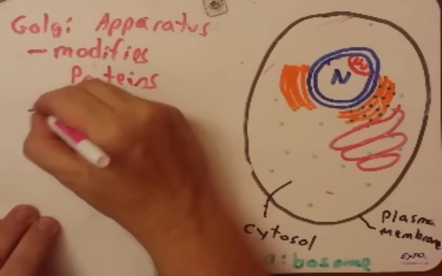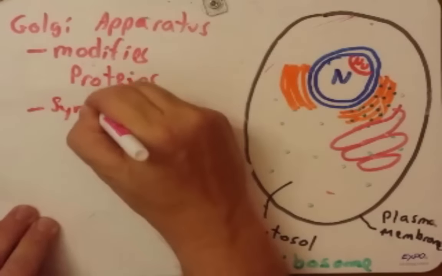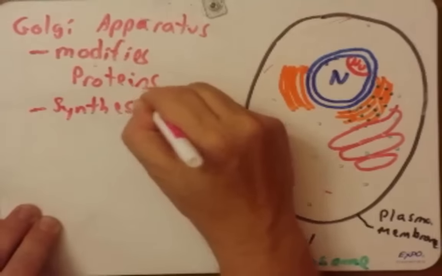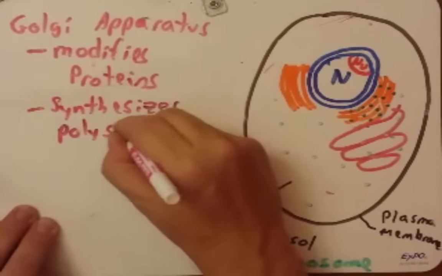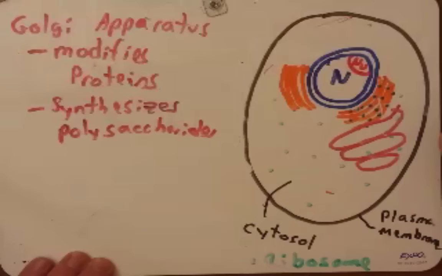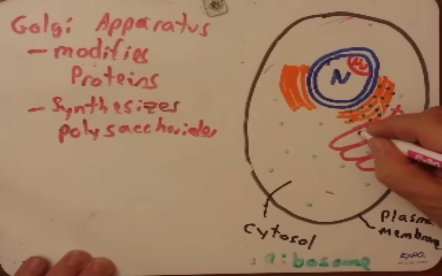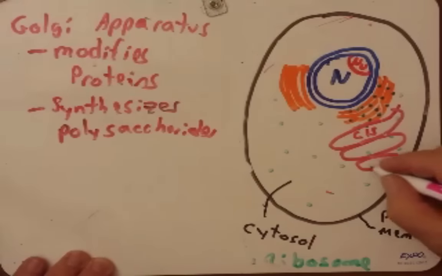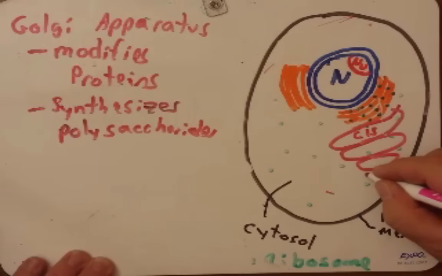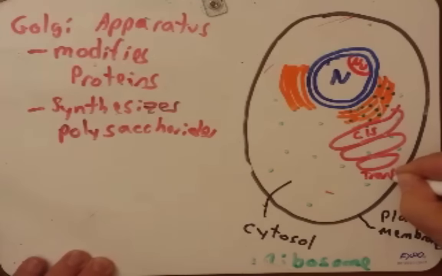The Golgi apparatus also synthesizes polysaccharides. I should also mention that the part of the Golgi closest to the ER we call cis, and the part that's furthest away we call trans.